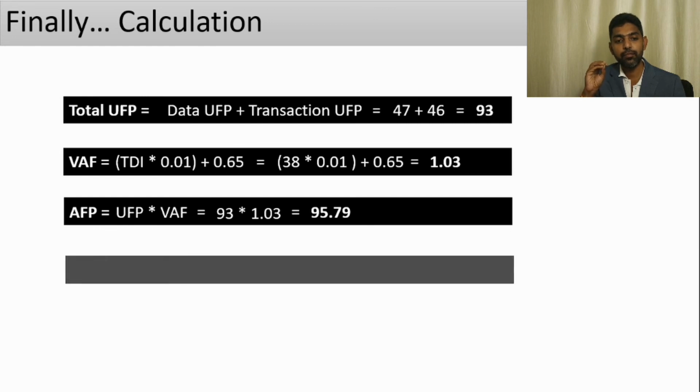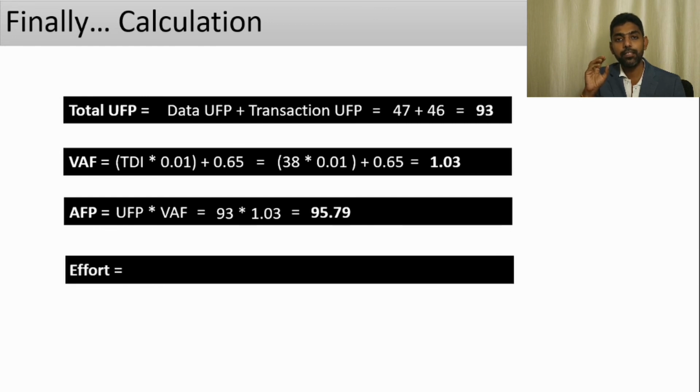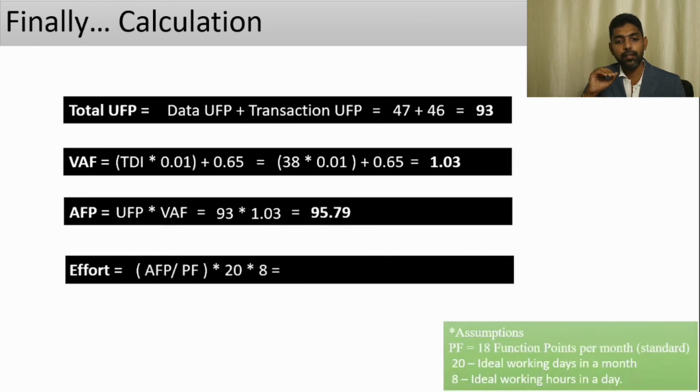The next thing that we have to do is to determine the effort required to complete this particular application or project. This is the formula that's been used, and here PF is the productivity factor. I've taken a standard 18 function points per month, but it depends on the individual organization based on past experience.